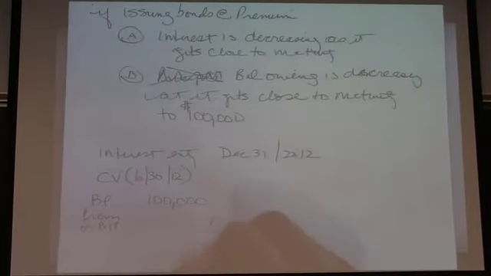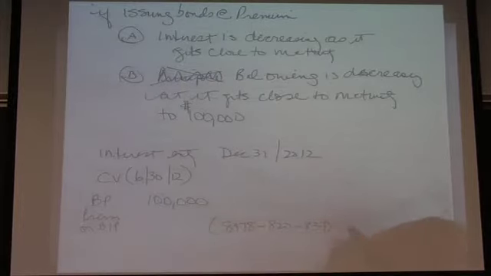So we're going to take 8,978 minus 820 minus 837. Okay, give me 1 second.